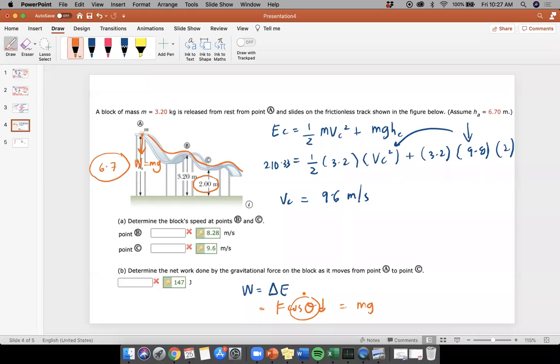And since we are only concerned about the displacement in the direction of gravity, that displacement is just a change in height, which is just mgh. Okay, so this becomes m is 3.2, g is 9.8. And the change in h is 6.7 minus 2, which is 4.7. Thank you.